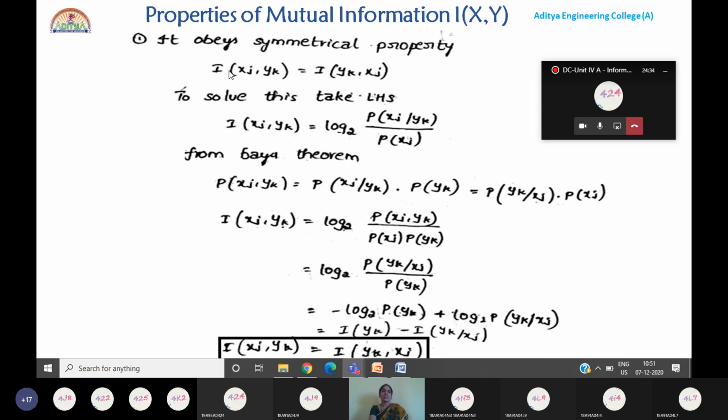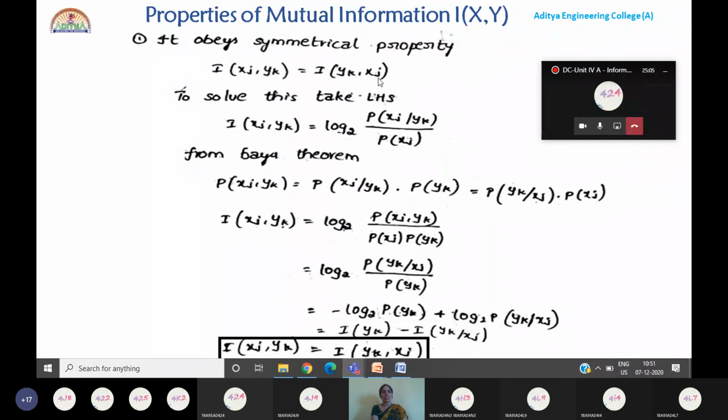But I of xj comma yk is the information of the transmitter due to the uncertainties of priori and posteriori probabilities of the transmitter section only. And I of yk comma xj is the mutual information of the receiver section, having uncertainties due to its priori and posteriori probabilities. So it is said that mutual information obeys the symmetrical property.